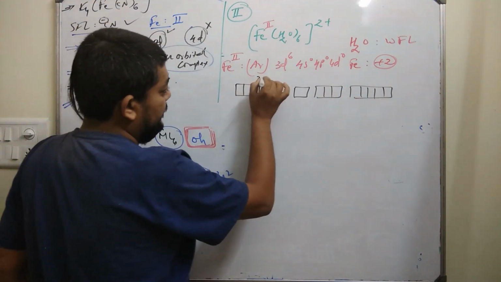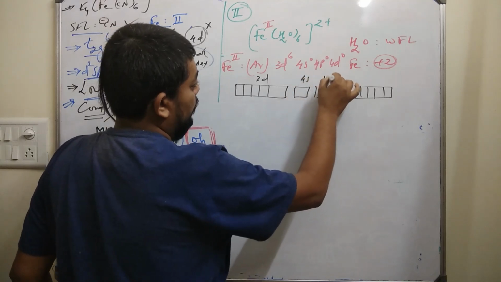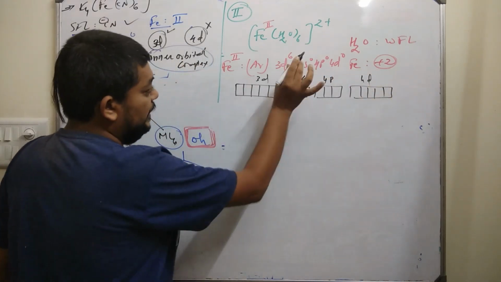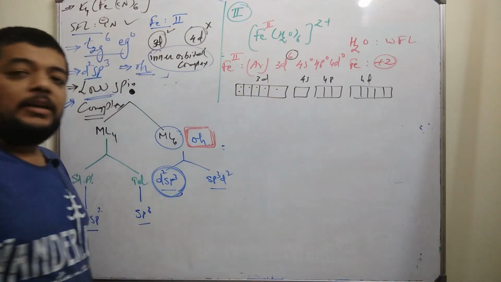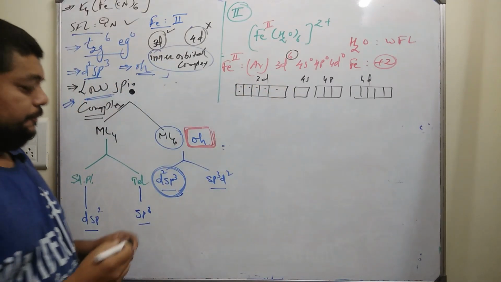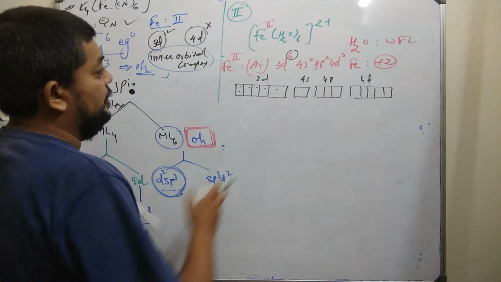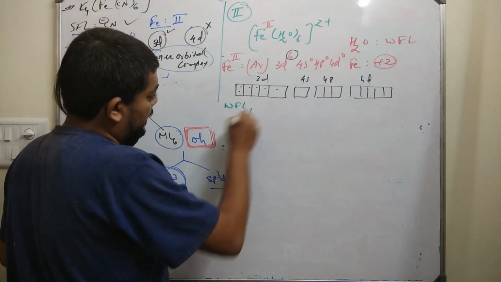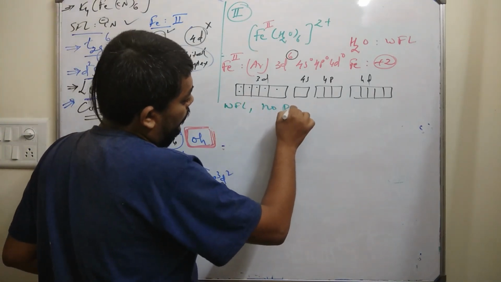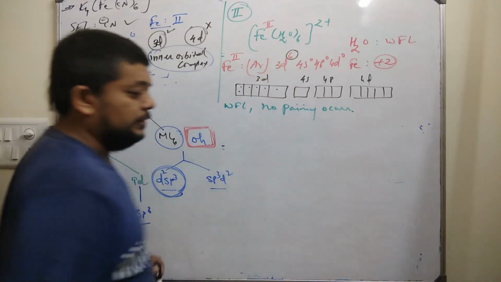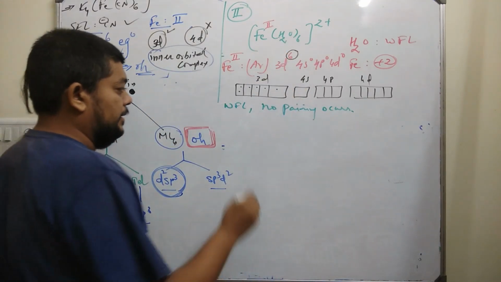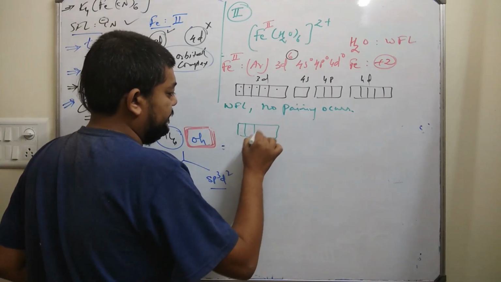This is 3d, 4s, 4p, 4d, 6 electrons. I am strictly following the set of Aufbau, Hund and Pauli's rule. Then you have to mention it is a weak field ligand. No pairing occurs.